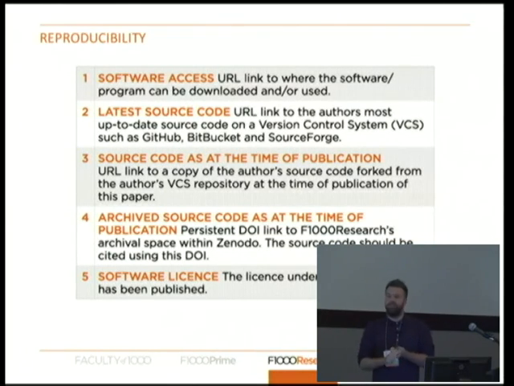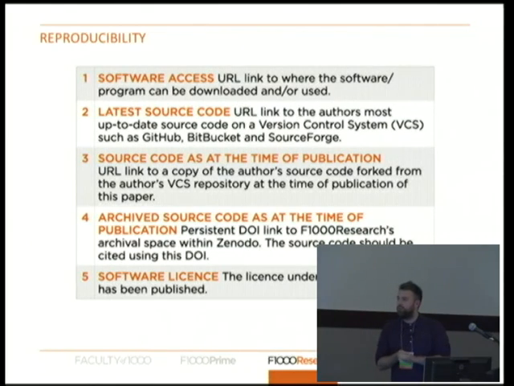We ask for the software access, so how you can get to the software via an author's page or an institution page. The latest source code, obviously, because if people want to go in there and see it and develop themselves. The source code at the time of publication, this is key for referees, so they can go in and review the code that they're meant to be reviewing for that article.